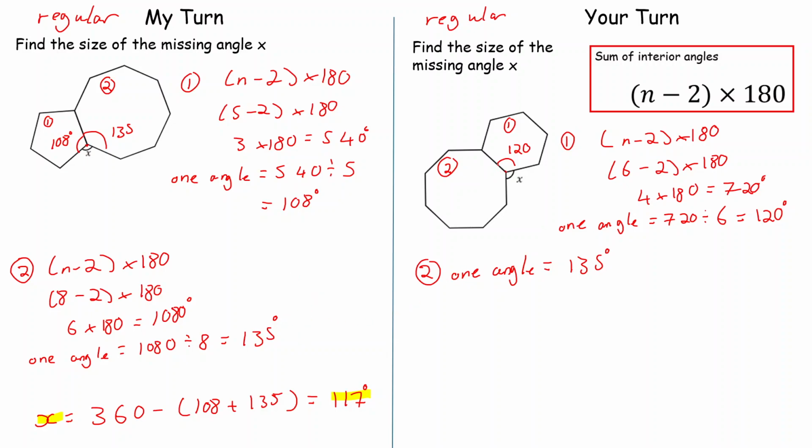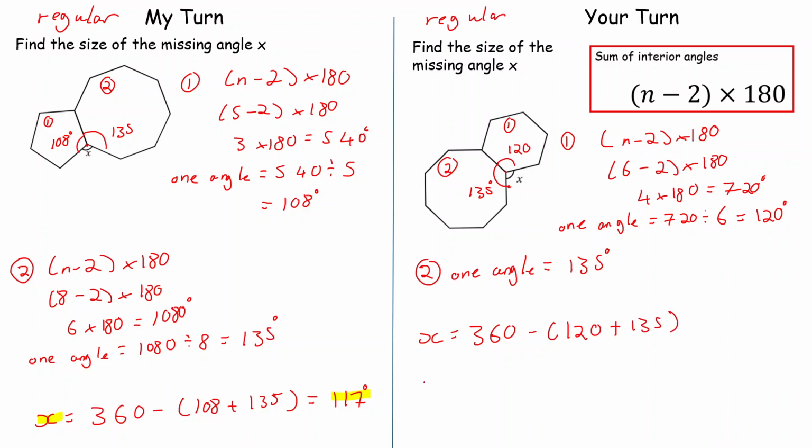Now to get x, we now know that this is 135 degrees. We know that the angles around the point here are going to add up to 360. So you've got 360, take away 120, add 135.